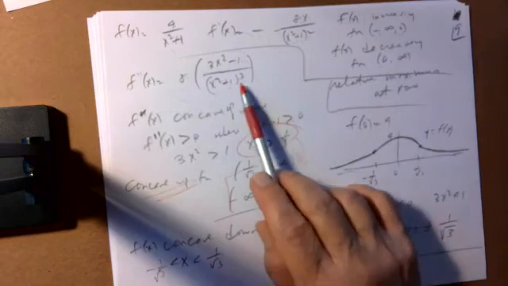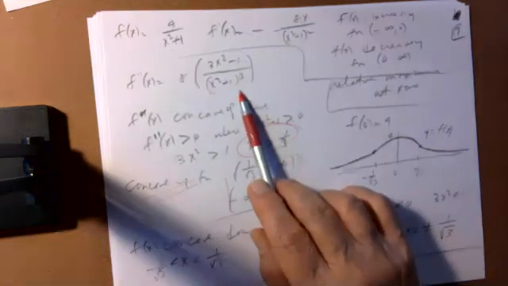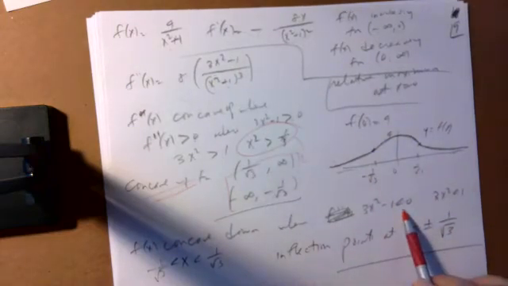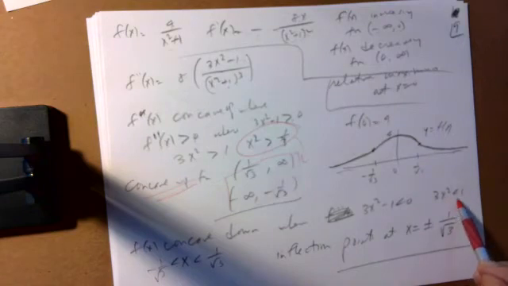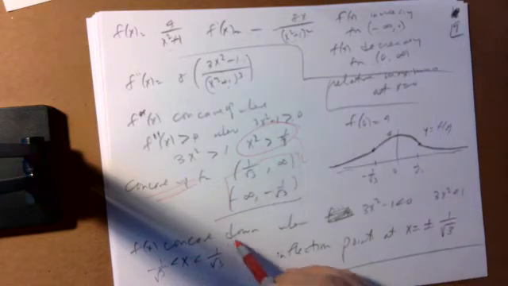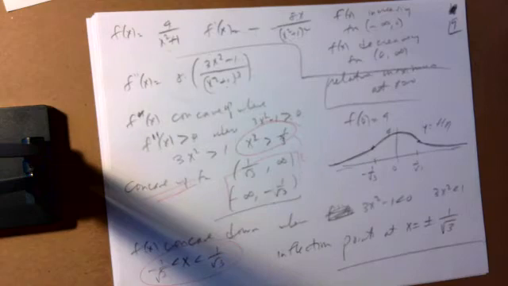And when this is negative, the function is concave down. Negative means 3x squared minus 1 is less than 0. That means 3x squared is less than 1, or x squared is less than a third, which is this inequality. So that's where it's concave down, from here to here.